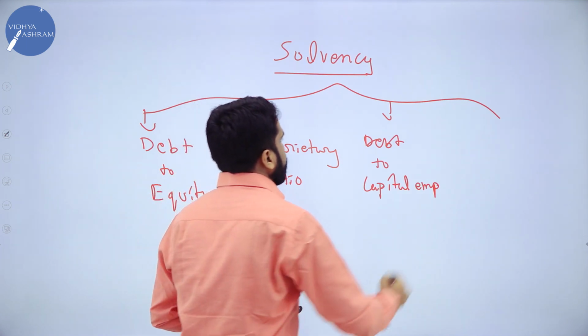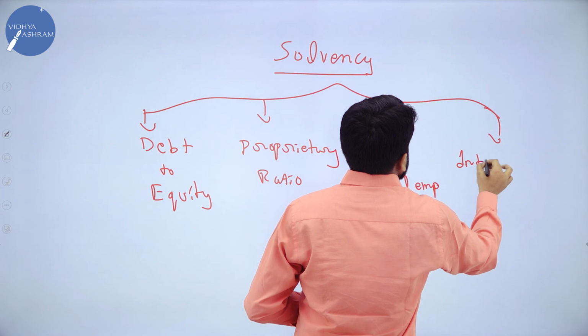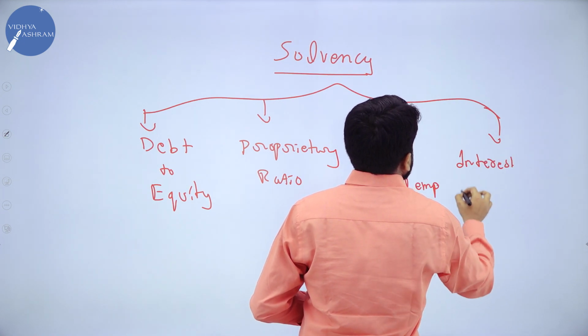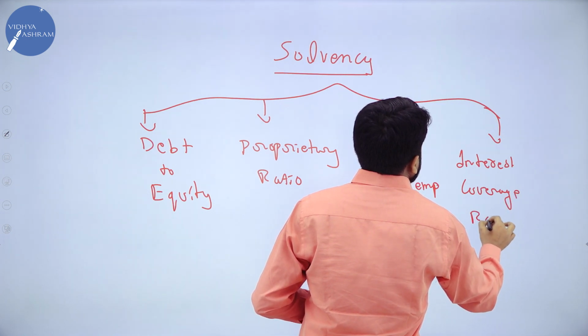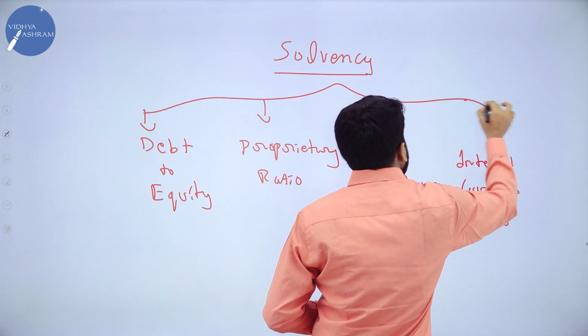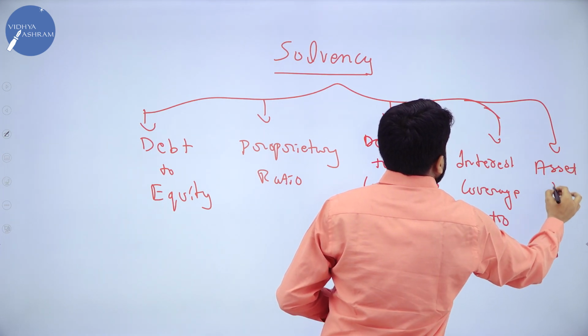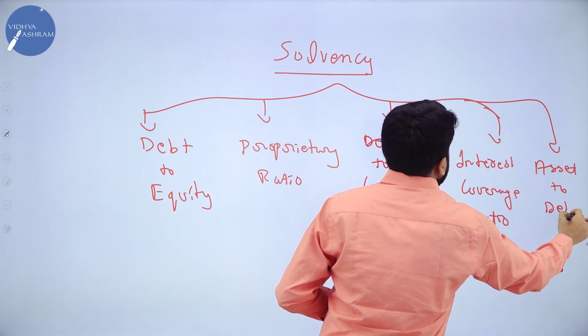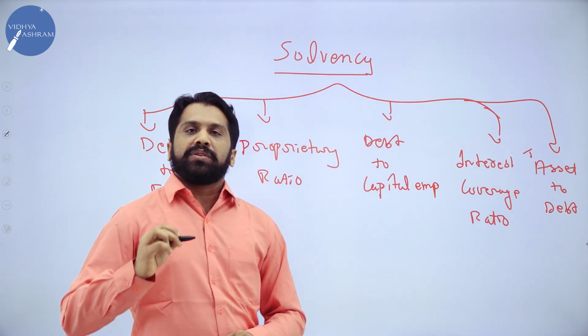The fourth one, interest coverage ratio. Interest coverage ratio. And the last one is asset to debt. So we can take it as total asset to debt.